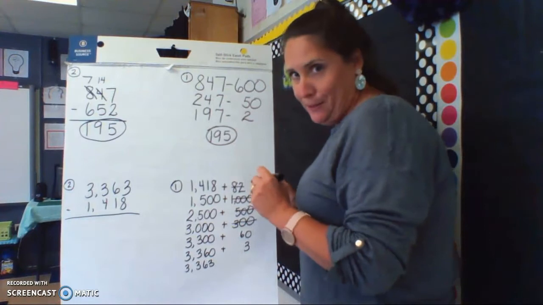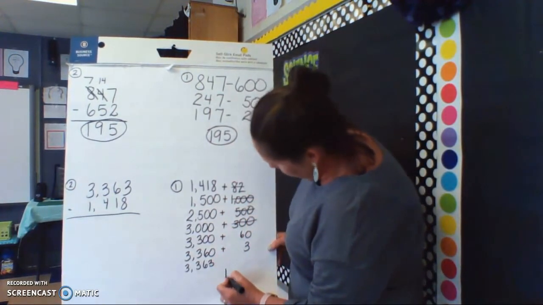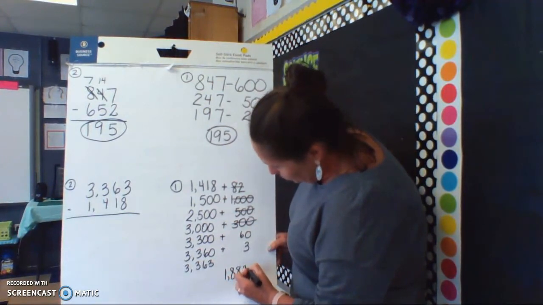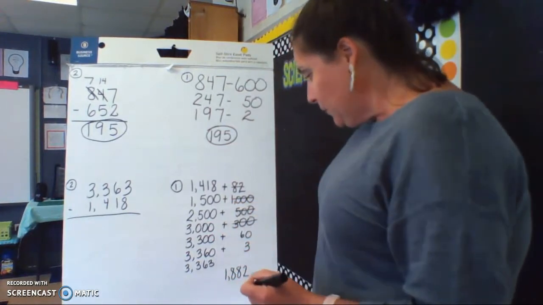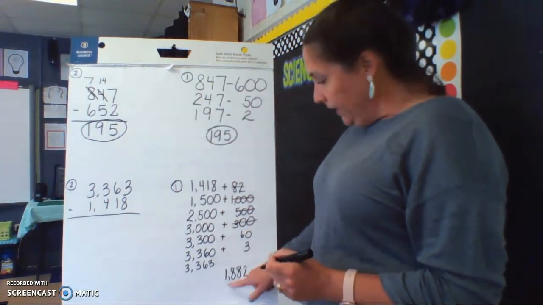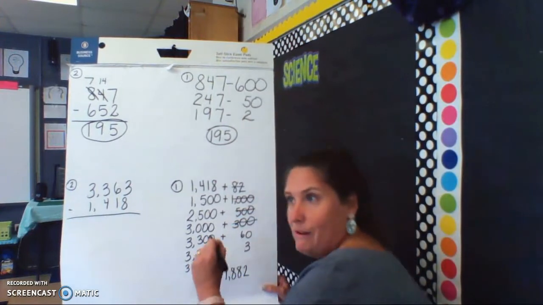I may have to write this to the side so I don't forget it. It's 1,882. And then I'm going to go ahead and add this 3 so I can get to the next number. So 1,882 plus 3, and that gives me, I got to get down here.